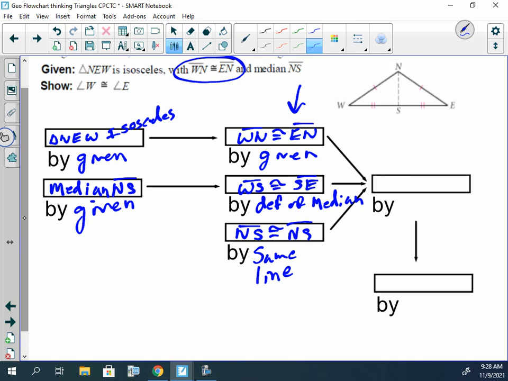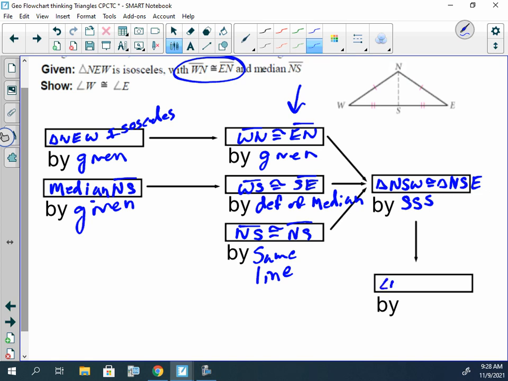So now we can say that the two triangles are congruent. So we can say triangle NSW would be congruent to triangle NSE by side, side, side.